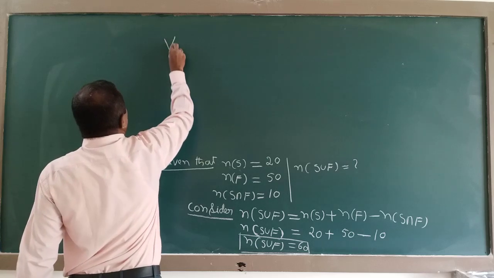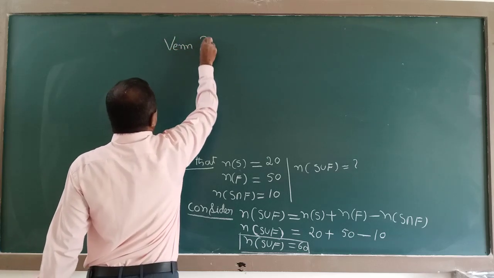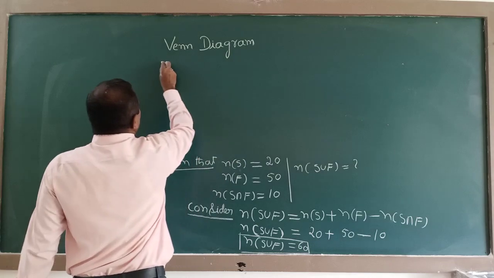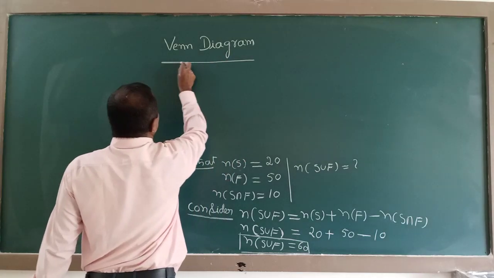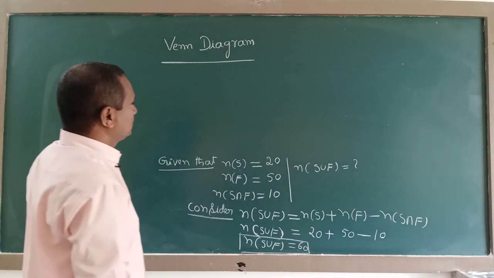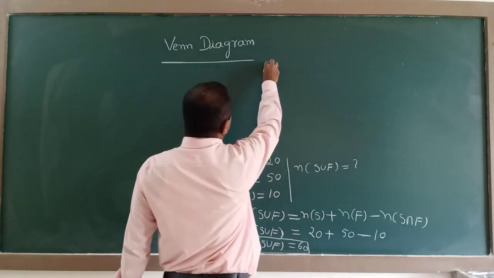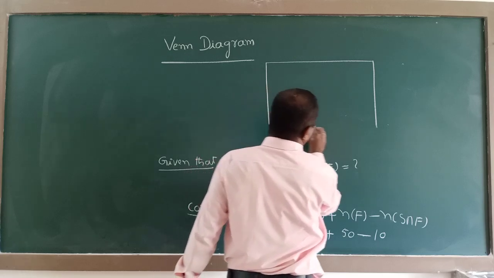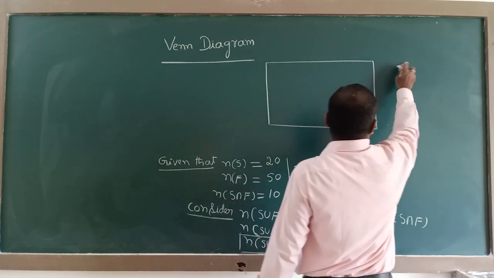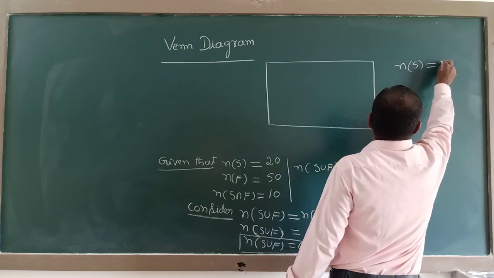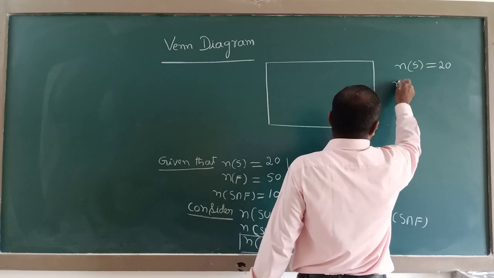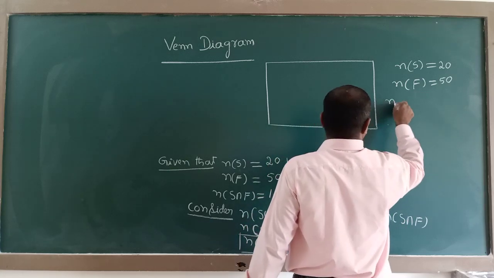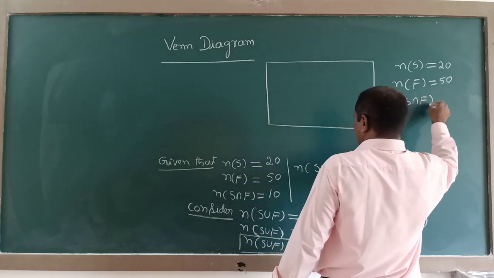Venn diagram. They already gave these values, so draw this Venn diagram here. n of S is equal to 20, n of F is equal to 50, n of S intersection F is equal to 10.